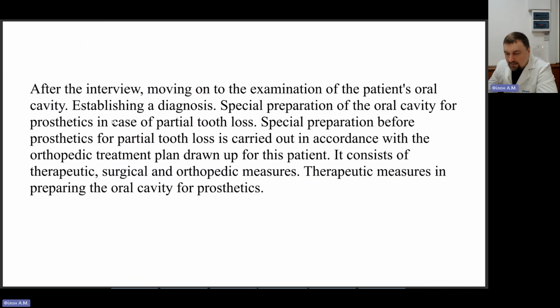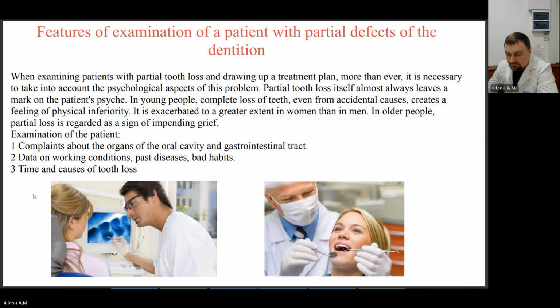Okay, and third, it's time and causes of tooth loss. Time and causes. For example, a patient came to you and tells you, doctor, I lost my tooth a long time ago, and now I think it's time to make it.